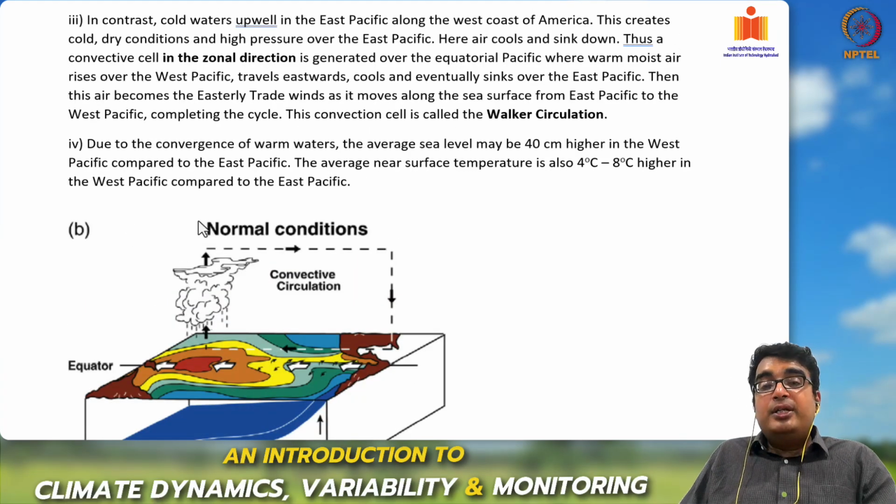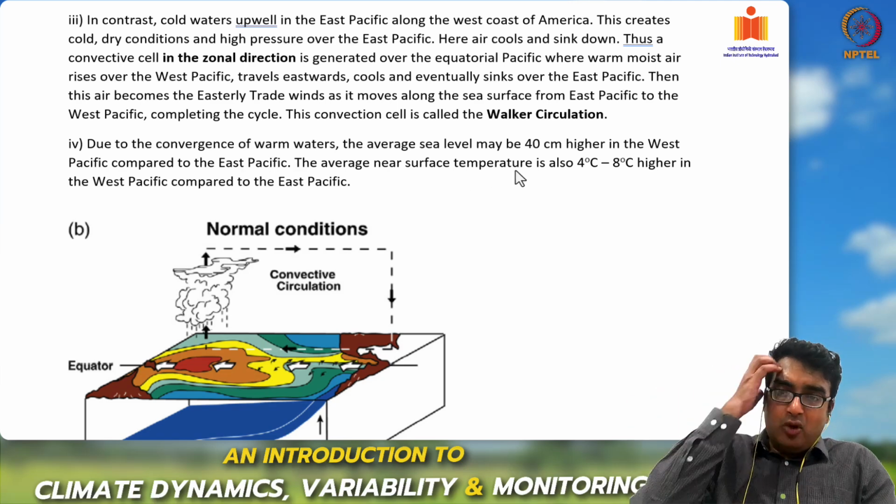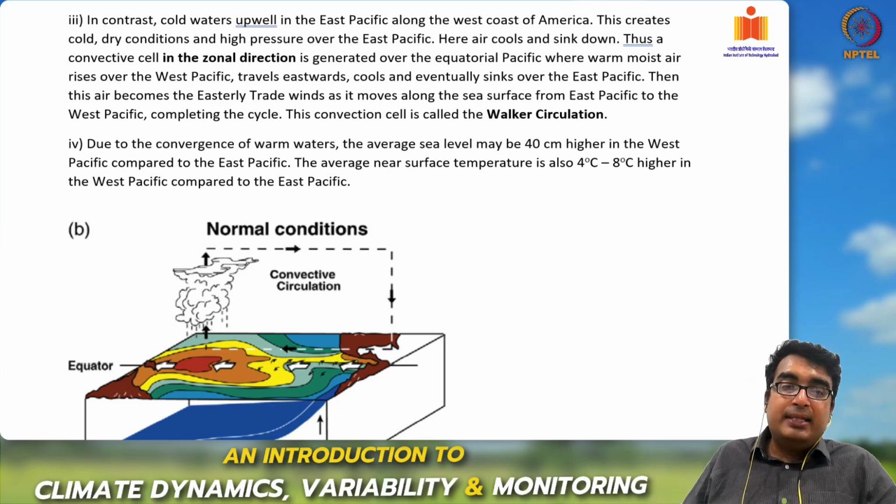Due to the convergence of warm waters, the average sea level may be 40 centimeters higher in the West Pacific compared to the East Pacific. The average near surface temperature is also 4 to 8 degrees centigrade higher in the West Pacific compared to the East Pacific.